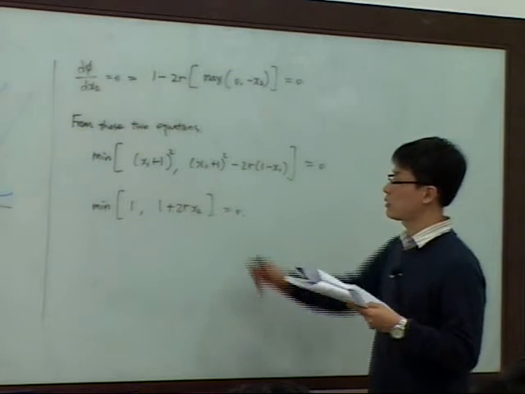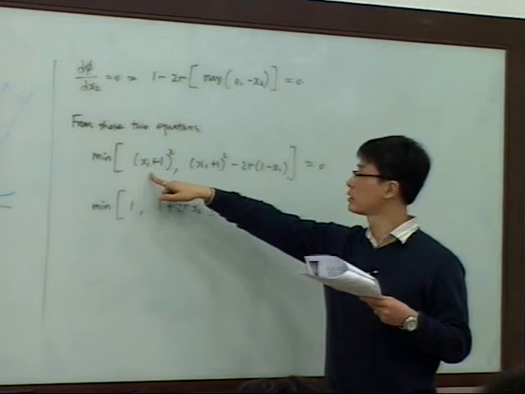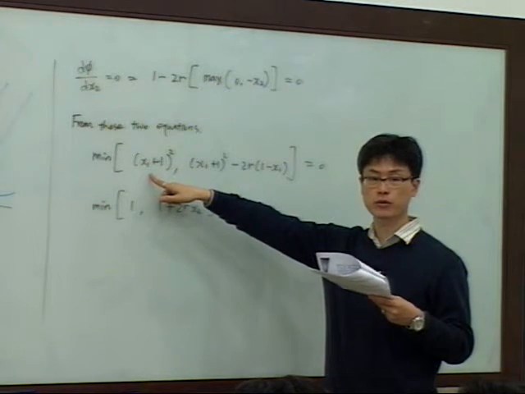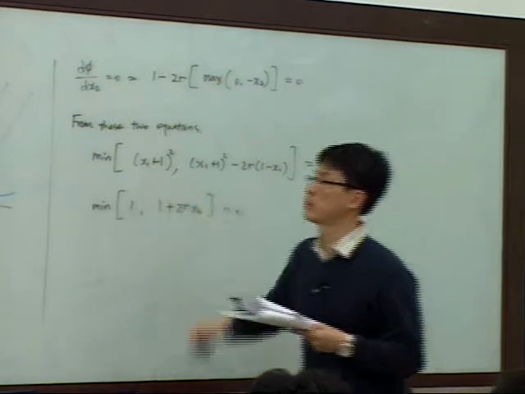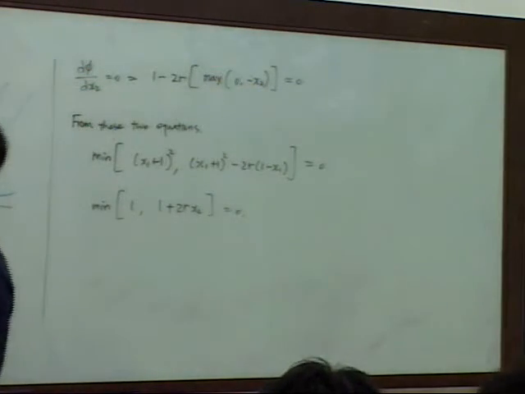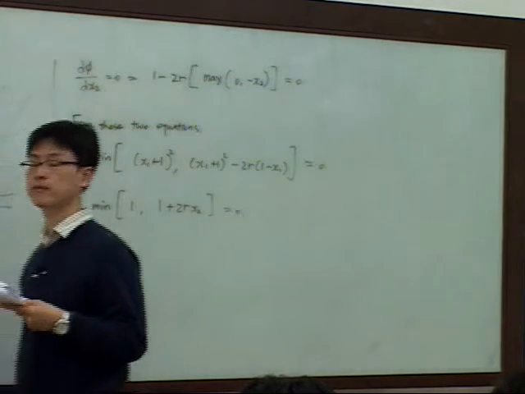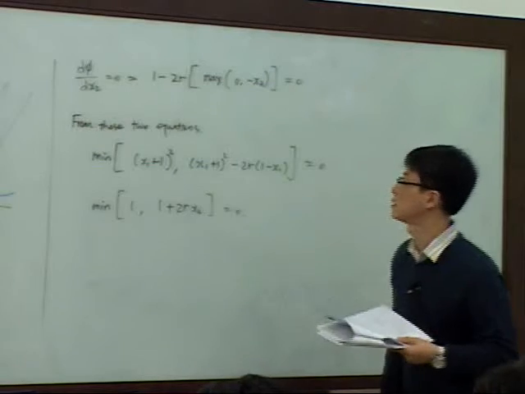Okay. What if this is equal to 0? Then x1 is equal to minus 1. If x1 is equal to minus 1, then it will violate the first inequality constraint.